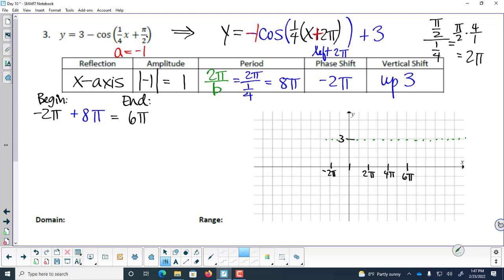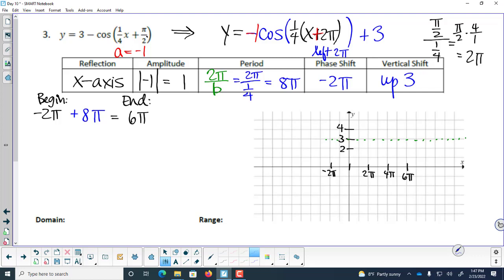So the amplitude is 1. The highest point is going to be at 4. The lowest point is going to be at 2. That's all I need to label, then I know where to go. And then I can read the graph quickly and see what the range is, etc. Oh my gosh, we got the hard part done.